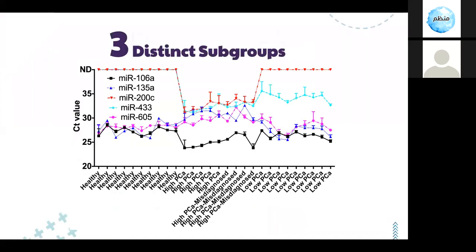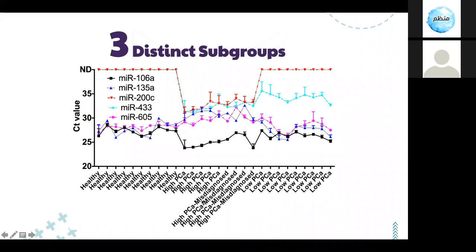The next slide. So it was applied on so many patients, maybe hundreds of patients with prostate cancer, and found a really nice pattern. 5 genes, 5 microRNAs are enough to tell me if the patients are healthy or if the patient has low-grade cancer or if the patient has high-grade cancer.